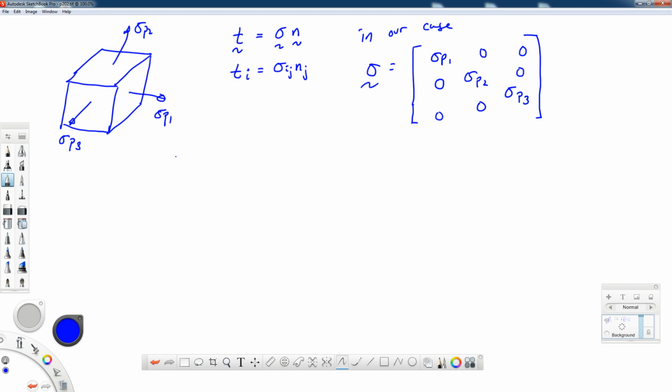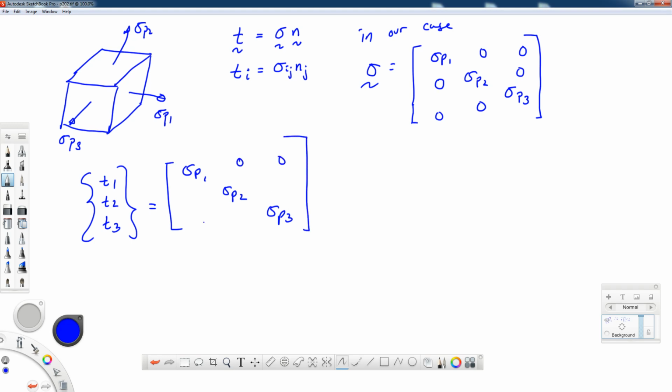So for our particular stress tensor sigma, the components of the traction vector, t1, t2, and t3, which I'll write out in column format, is this stress tensor times that unknown and arbitrary yet constrained unit normal vector n.